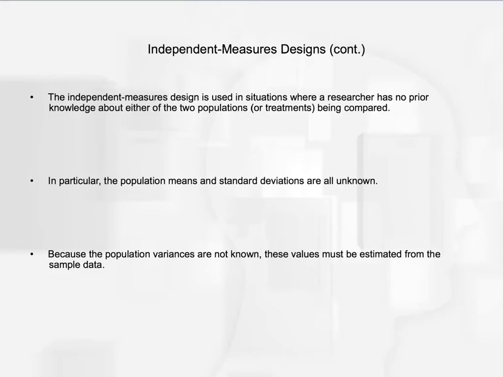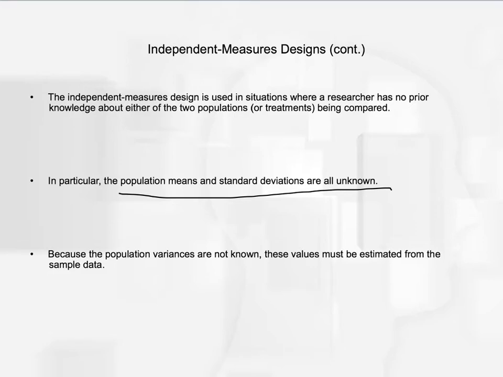So bullet point number 1 is the researcher has no prior knowledge about either of the two populations being compared because they haven't been treated yet. The researcher has some idea, some technique that he's interested in. We don't know the population means and standard deviations, and so therefore we're using t-tests.